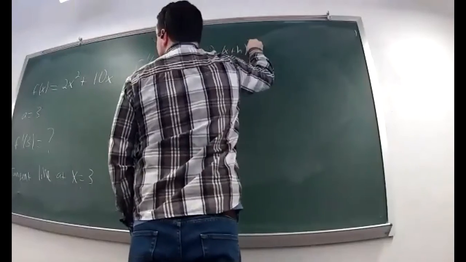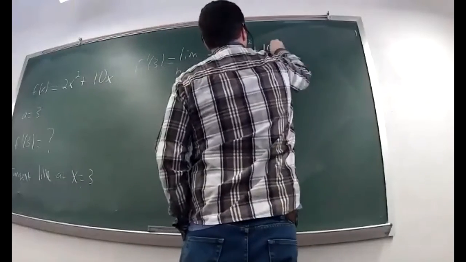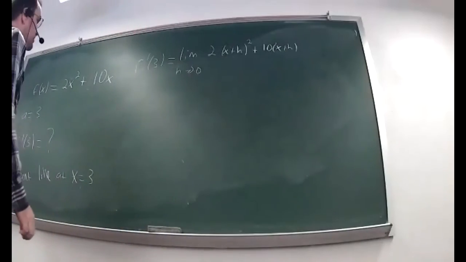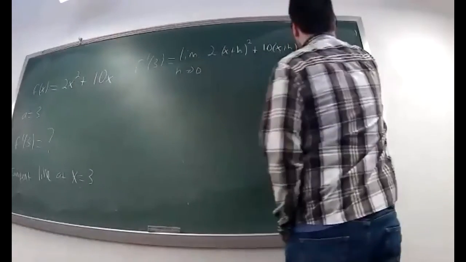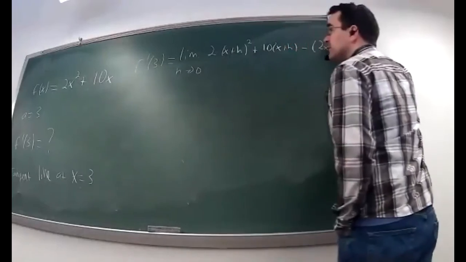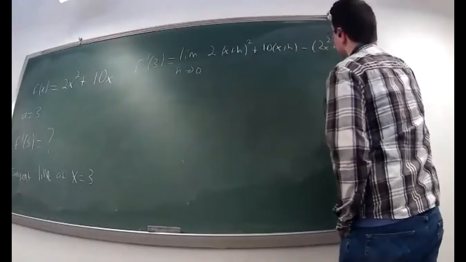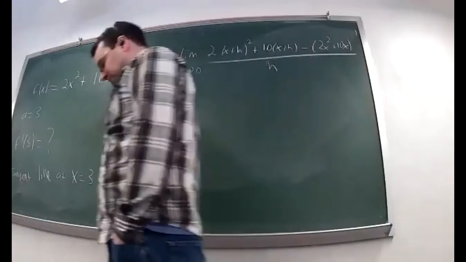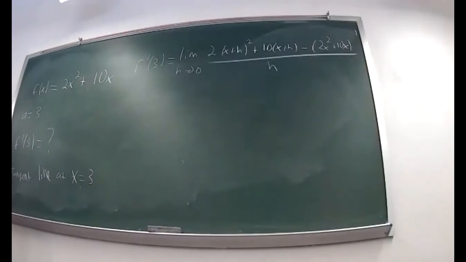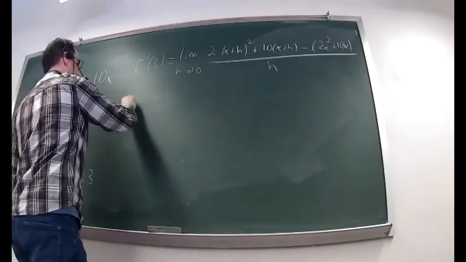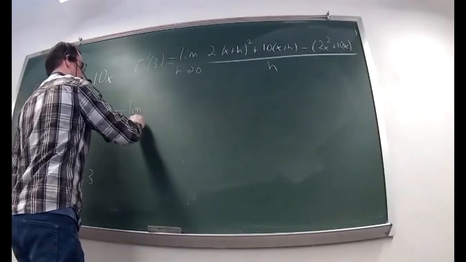2 times x plus h squared plus 10 times x plus h. That's my f of x plus h. And I'm subtracting f of x, which is 2x squared plus 10x. It's important to keep track of your minus signs so as not to get stuck anywhere. So that's what we've got. Not so bad.